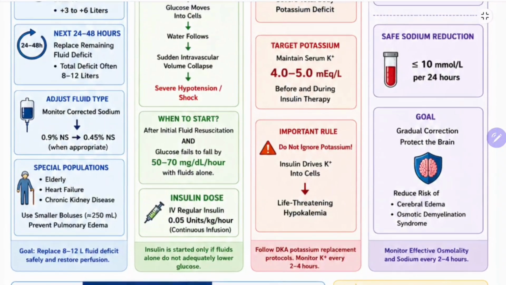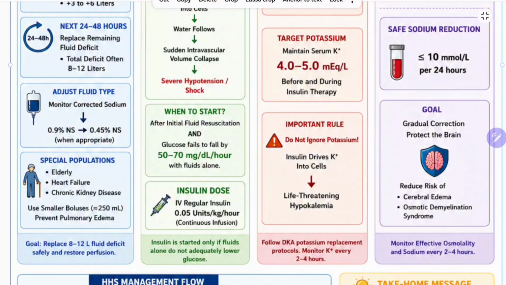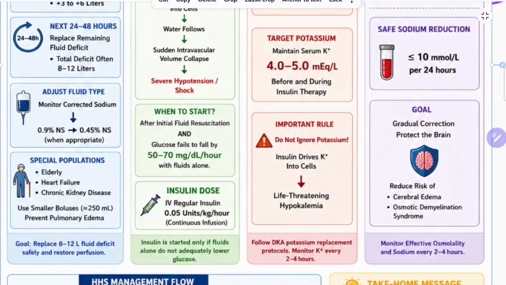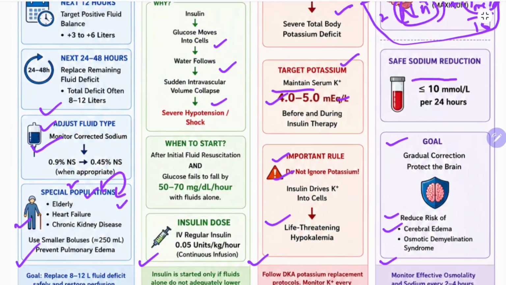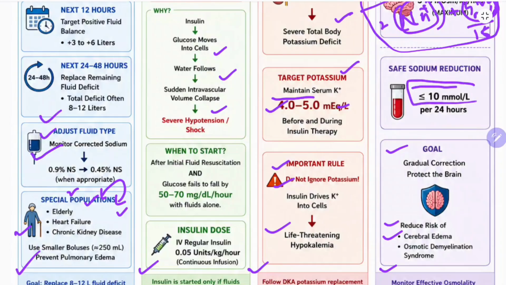So you are getting here sodium as 10 millimole per liter. So that is nothing but 10 milliequivalent per liter only. Meaning sodium should fall every hour less than or maximum equal to 10 milliequivalent per liter. That means we need to monitor potassium and sodium every 2 hours.